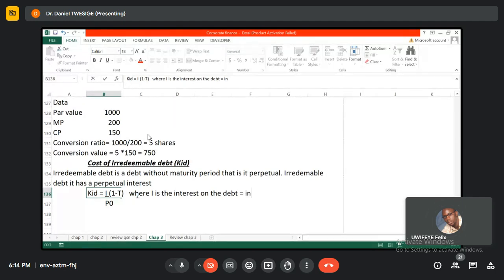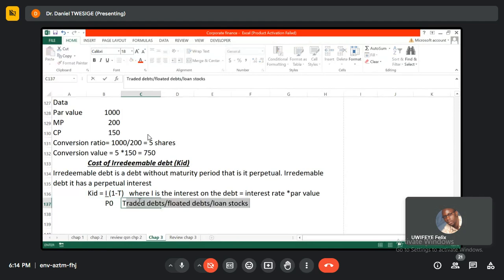We get the interest rate on the debt, or the coupon rate, times the par value of the debt. I get the interest rate on the debt, then I multiply by the par value, and I get the interest on that particular debt. Now, T, we have already defined T.